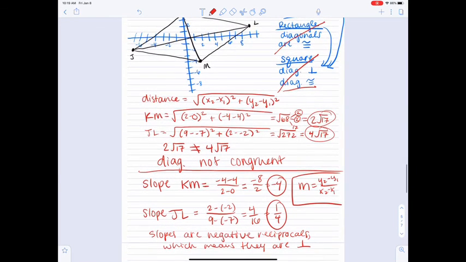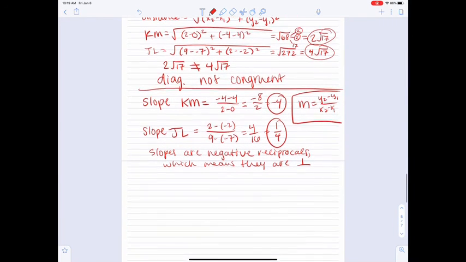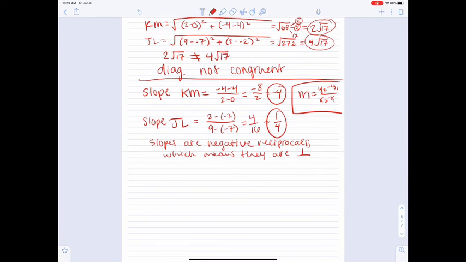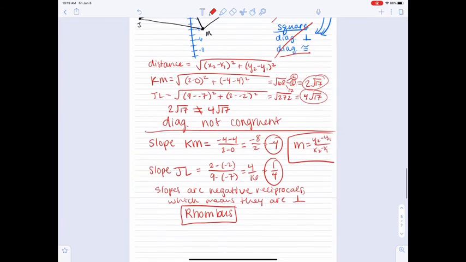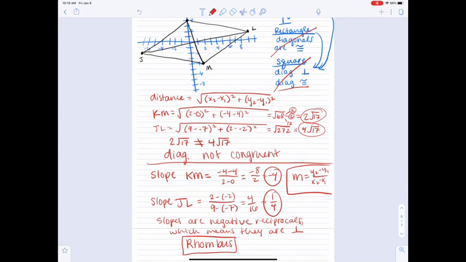So we can say that this is a rhombus since the diagonals are perpendicular, but nothing else.